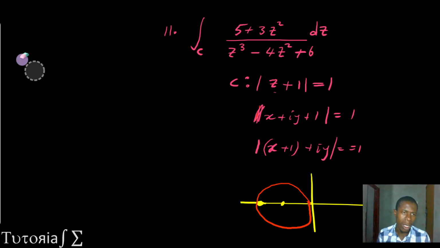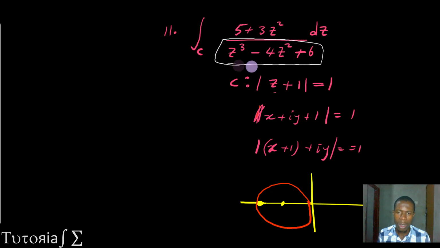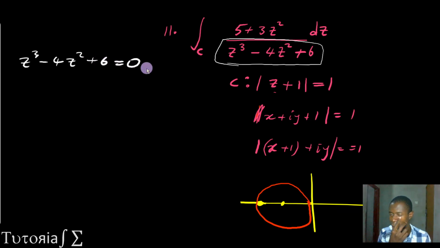So we've sketched our region of integration. We need to find poles. Basically, we equate the denominator to 0 and solve the equation. So we have z to the power 3 plus 4z squared plus z plus 6. This should be equal to 0. So now we go by trial and error. What number can give us 0? So let's try z equal to -1. So we put -1 here.